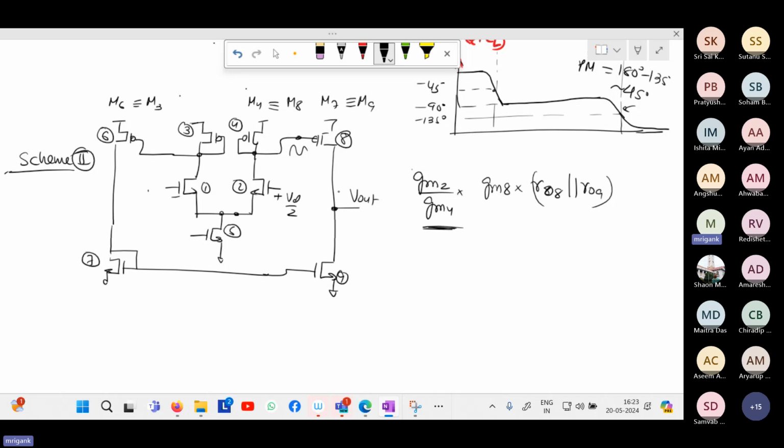What is missing? Anything missing? Yes, I tell you something is missing. So the drain voltage at M7 is varying, so I think we should consider its effects on M9.